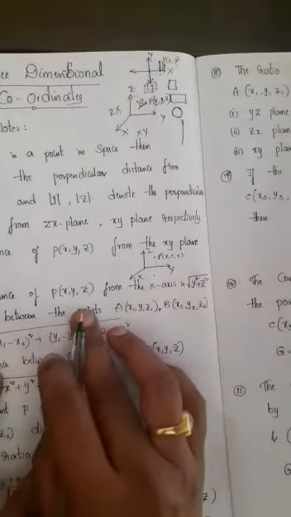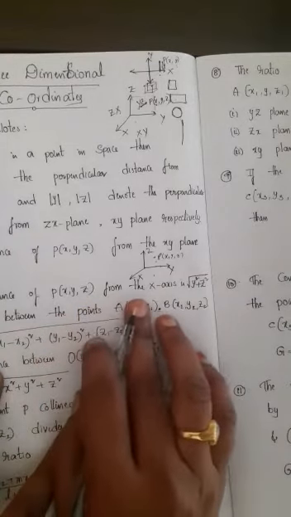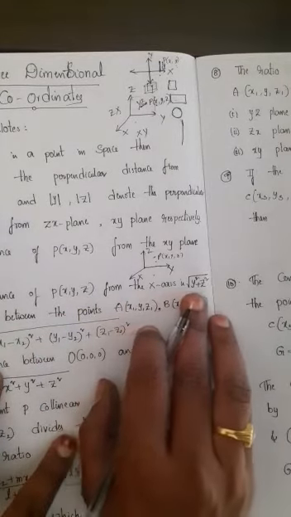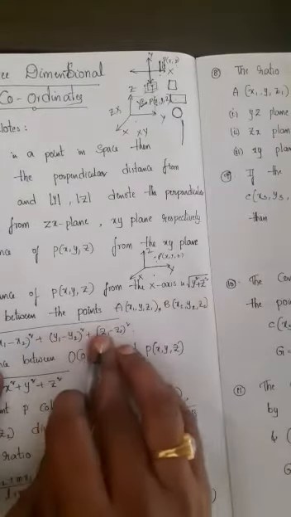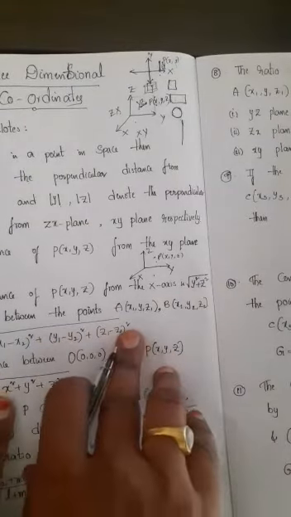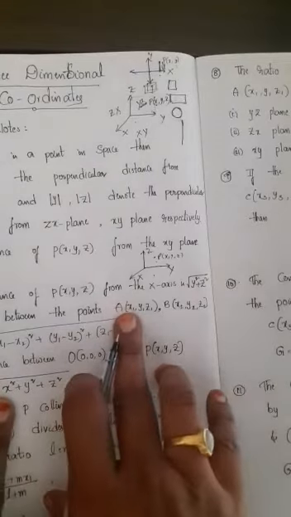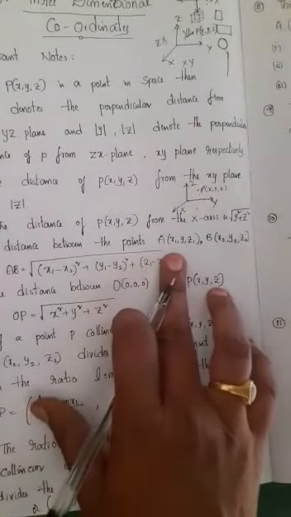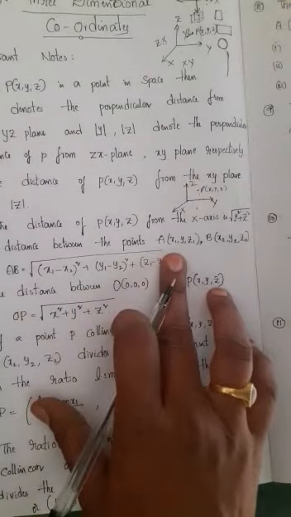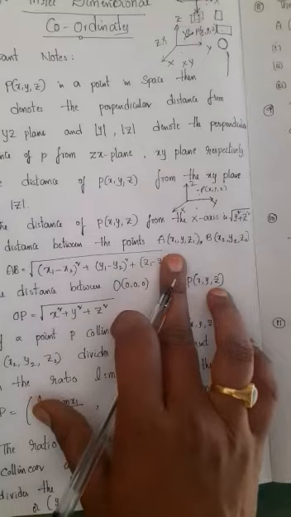The distance of P of x comma y comma z from the x axis is under square root of y square plus z square. Whenever we are solving problems I will discuss each and every point in depth. You know already the distance between 2 points in 2-dimensional geometry.